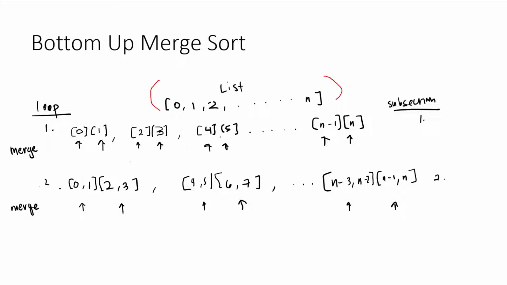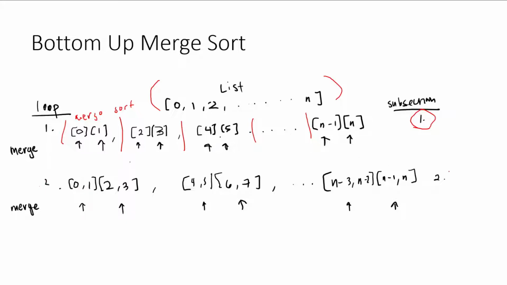And in the first loop, we have our subsections be the size of 1. And so we go to every pair, subsection size 1, and we will merge and sort those subsections together, and then we'll go to the next pair, and then the next pair, all the way to the last two elements of the list, and then we'll repeat the loop again on the size of the list.